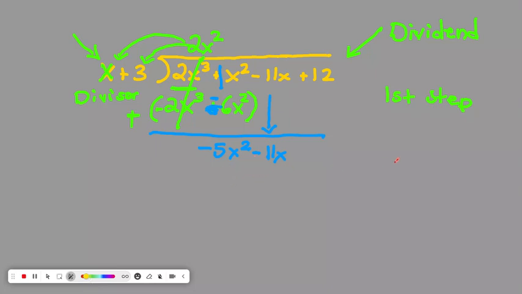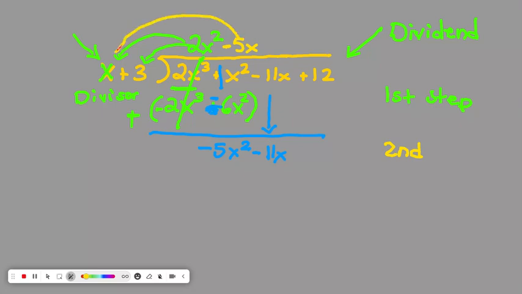So then we do it again for the second step. We want to get now negative 5x squared. What do we need if we have an x to get negative 5x squared? We need negative 5x. And we'll multiply those two, the first term and the second term.